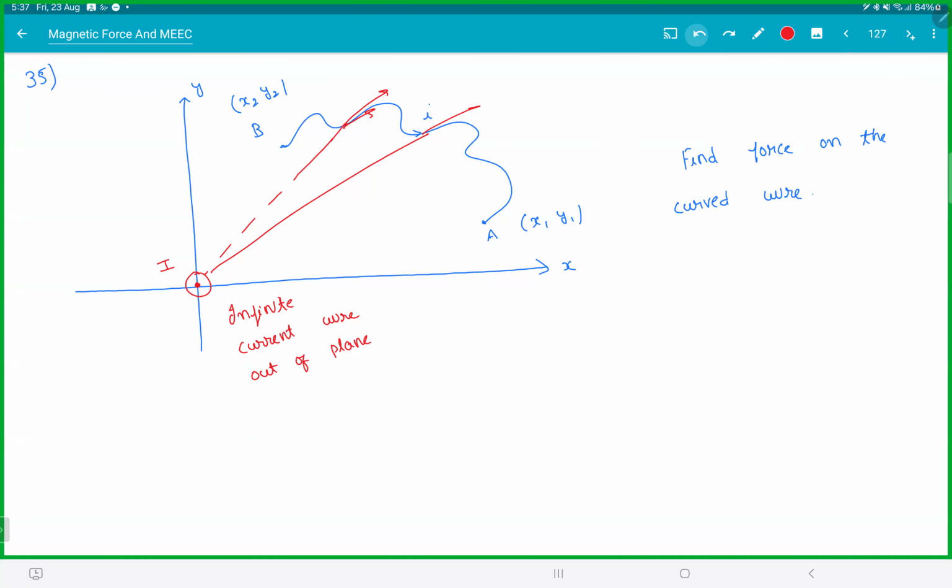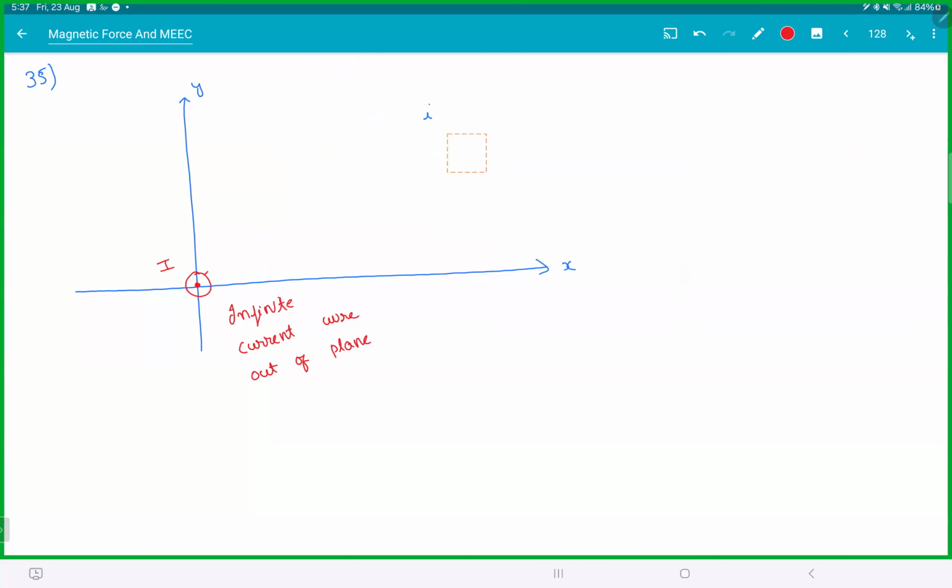So this is what we do. I'll just take some better curve. So let's say this is A, this is B. So from here, due to this point, the field here is this way.